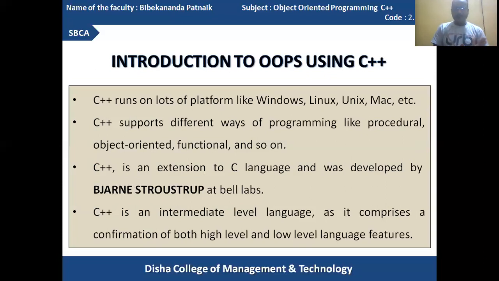So C++ is an intermediate level language, as it comprises a combination of both high level and low level language. It can support high level programming as well as low level programming to design a program. That's why it is called an intermediate level language. As you know, there are layers of programming languages. One is called HL, high level language. Another is called low level language.